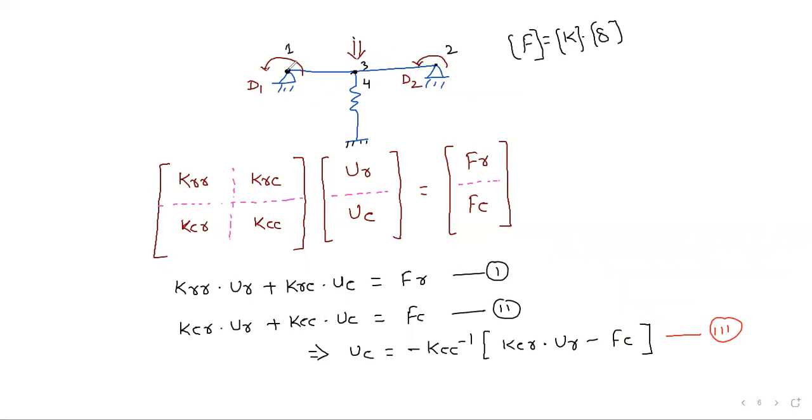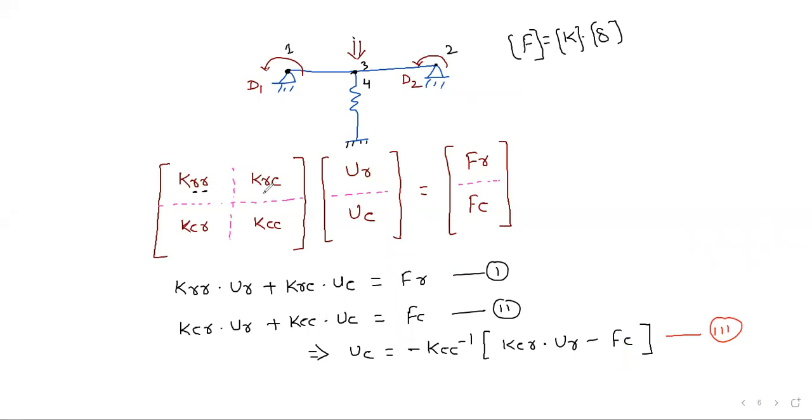If you are finding the stiffness at 1 due to 1 only or due to 2, both are retained degrees of freedom, so the stiffness matrix we can represent as KRR. Both terms, where you are finding and due to which force or degree of freedom you are finding, are retained degrees of freedom, so it is called KRR.